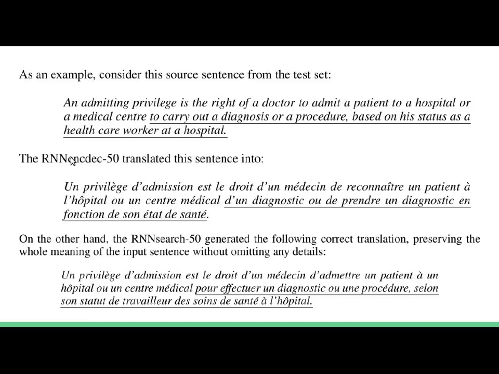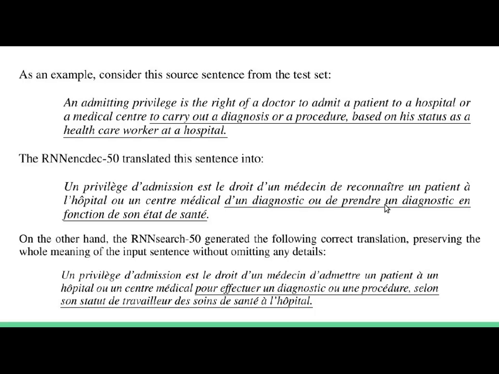And here, the encoder-decoder translated that to "un privilège d'admission est le droit d'un médecin de reconnaître un patient à l'hôpital ou un centre médical," and then it gets weird, "d'un diagnostic ou de prendre un diagnostic en fonction de son état de santé." So there are two mistakes here. The first is just awkward, the sentence can't continue like that.